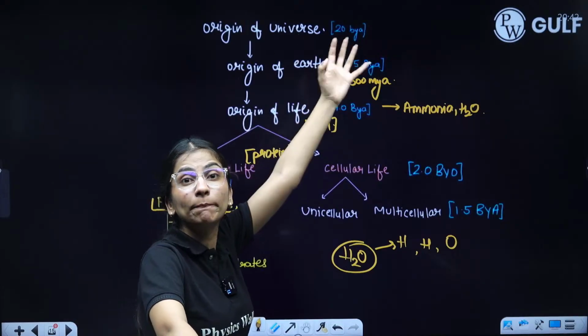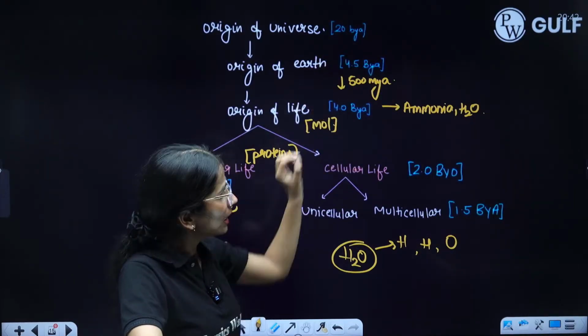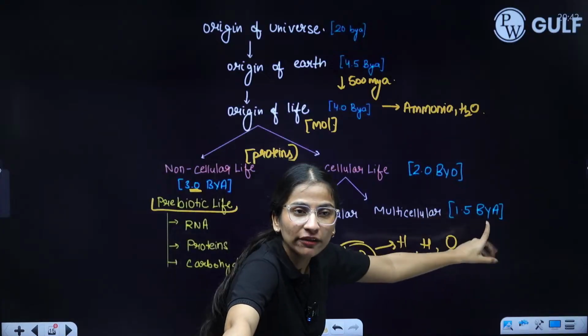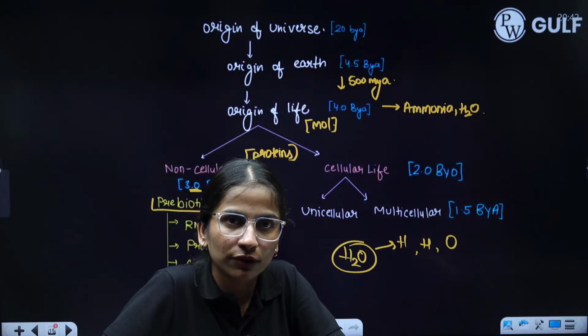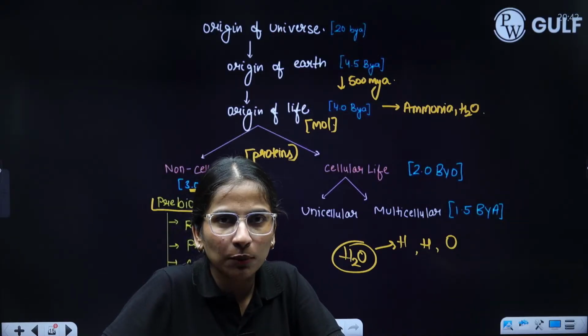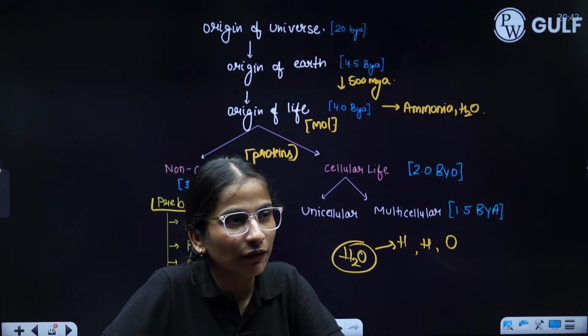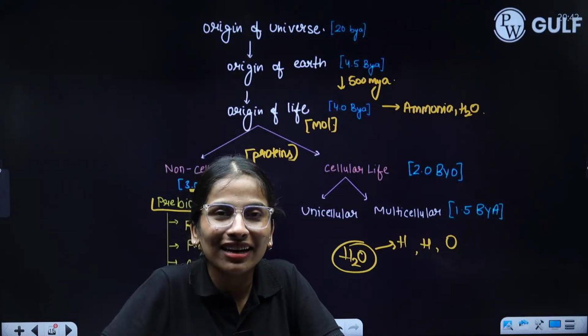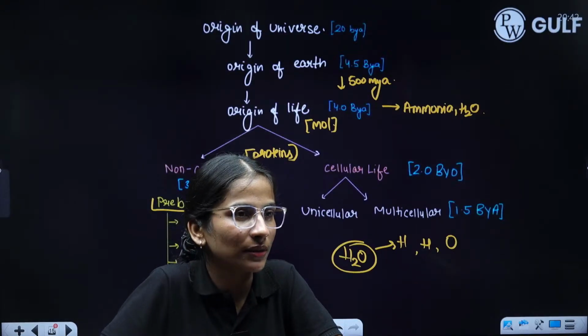20 billion years ago, universe originated, and it was just 1.5 billion years ago when actual multicellular life originated for the first time. So obviously so many infinite possibilities of arrangement of molecules were there, and in our earth we had the perfect right conditions, hence life was possible.